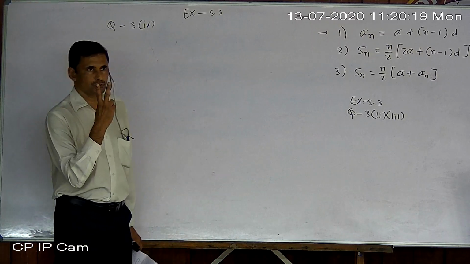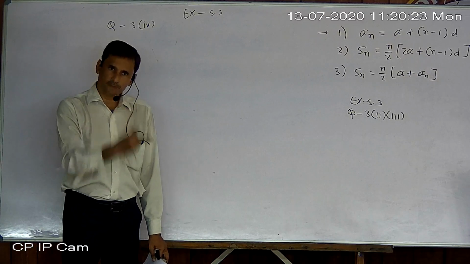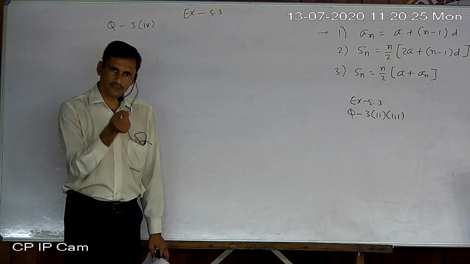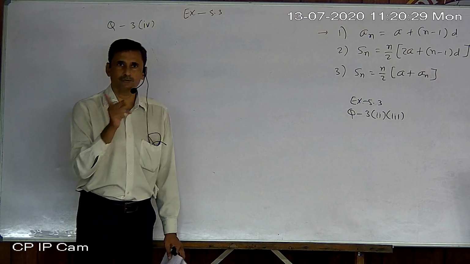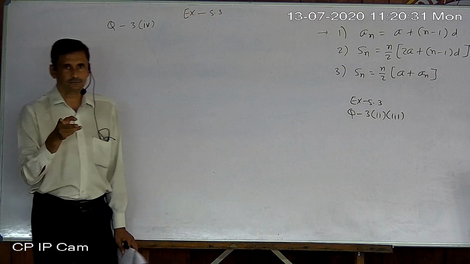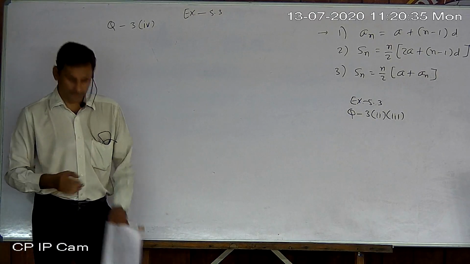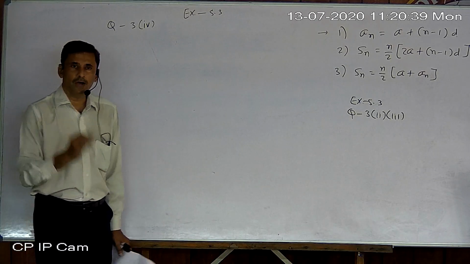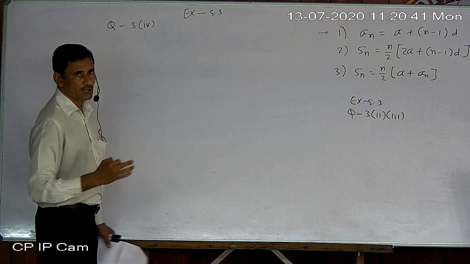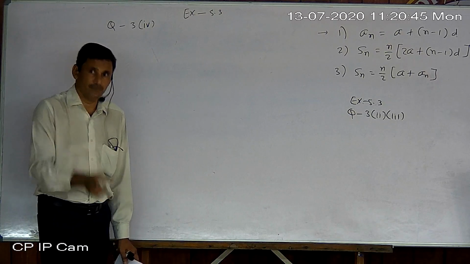Whenever two terms are given, or two sums are given, or one term a_n and one S_n are given, at that time you have to first of all get two equations. Directly, a missing variable cannot be found there.